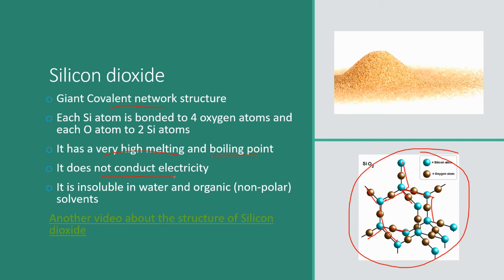It does not conduct electricity because all the electrons are held in covalent bonds, so there are no mobile charged particles, and it is insoluble in water and in nonpolar solvents. If you click on that link, you'll get another video about silicon dioxide, or silica, as well.